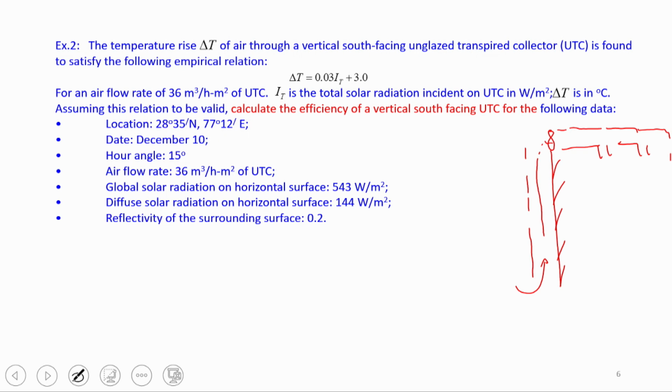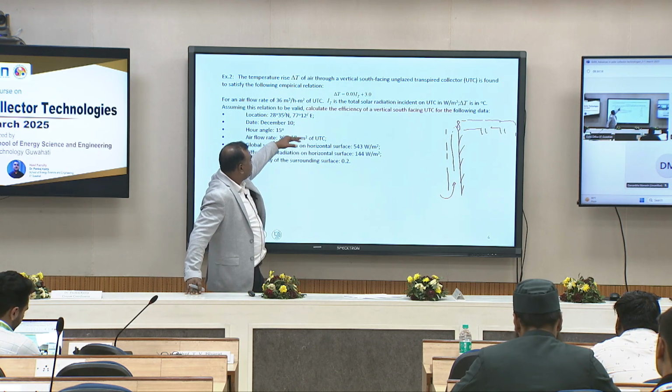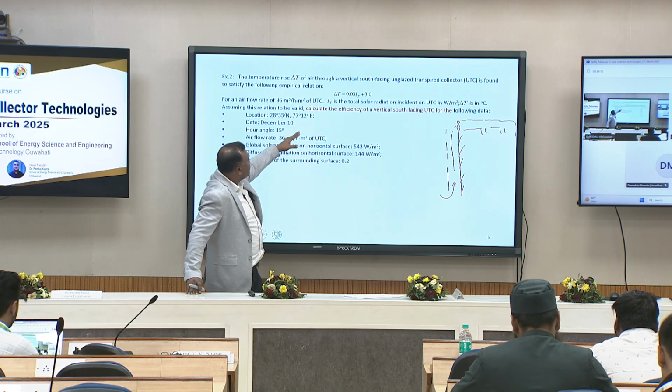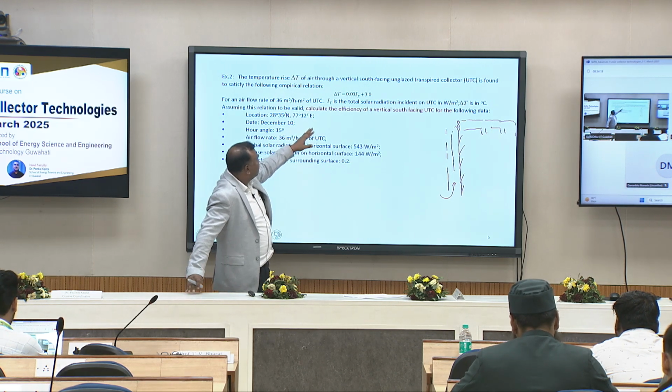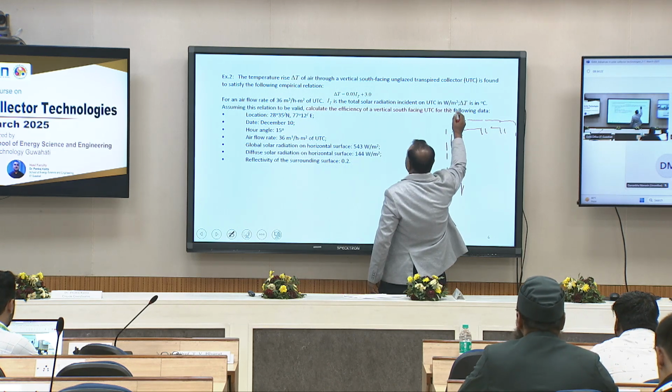And this kind of collector satisfies the expression delta T is 0.03 IT plus 3.0. Okay. So, for an airflow rate of 36 cubic meter per hour per meter square of UTC, that means mass flow rate per meter square. Okay. And IT, the solar radiation, is given to you.